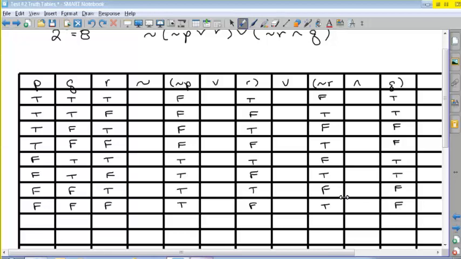Okay. Now, what we're going to do is do what's in the 2 parentheses, because we always do stuff in the parentheses first. Here we have an OR statement. So the only time the OR is false is when they're both false. So we look down here and we see these are the only 2 cases where we have both falses. Every place else has only 1 false or no false. So those all become true.